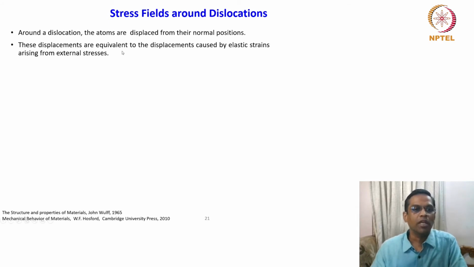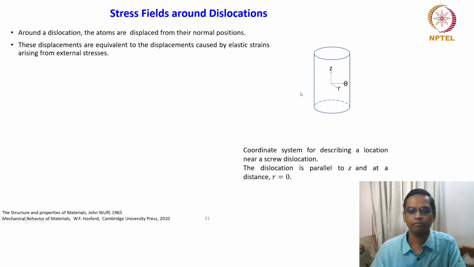These displacements are equivalent to the displacements caused by elastic strains arising from external stresses. To describe these stress fields, this is the coordinate system we are choosing as a reference, and you can see that it is polar coordinates.